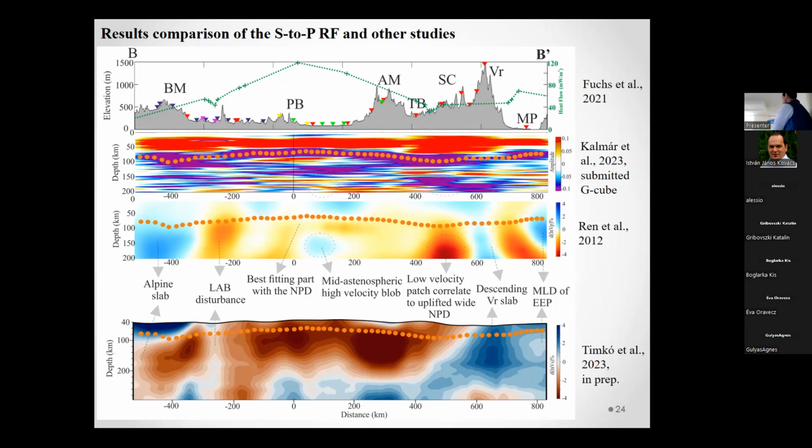We can see we have very good correlation beneath the Pannonian Basin, where the heat flow is high, but we do not have such good correlation beneath the orogens, where the heat flow is lower. So maybe we can see other discontinuities in this part of the section.